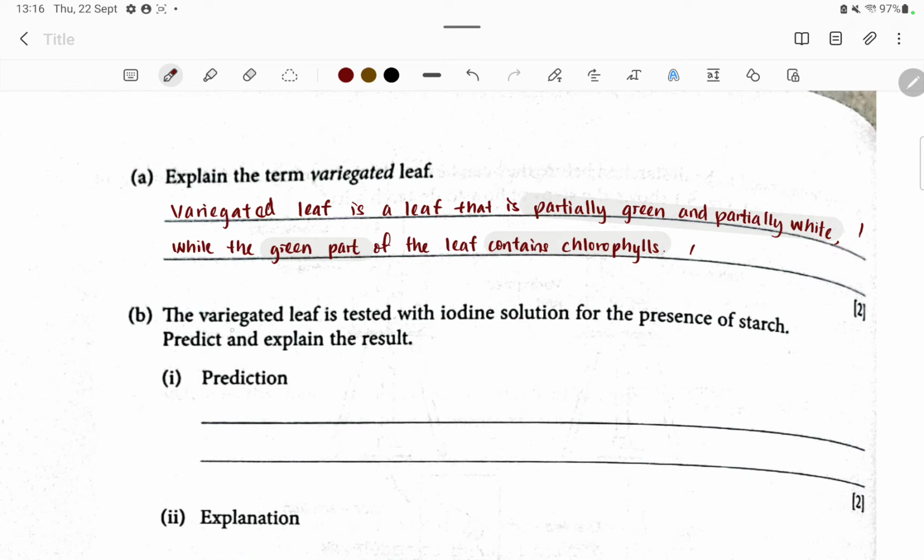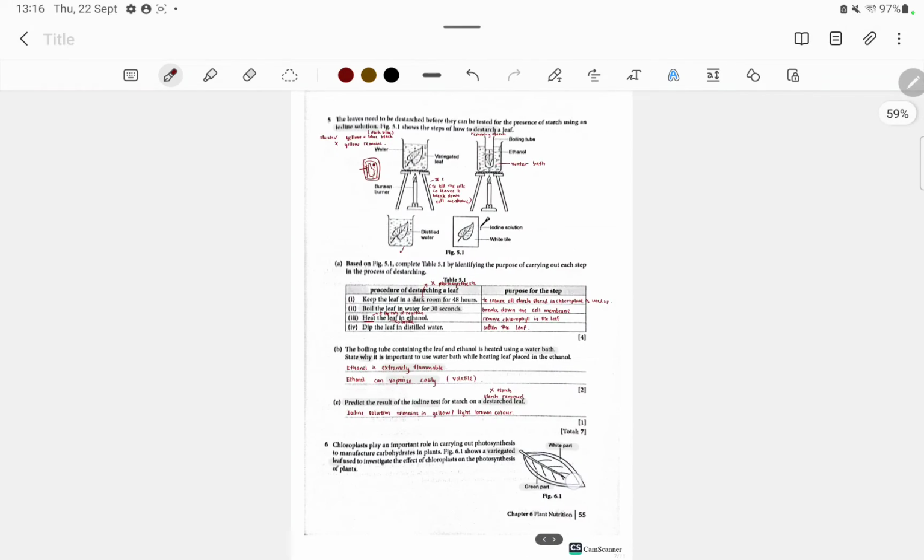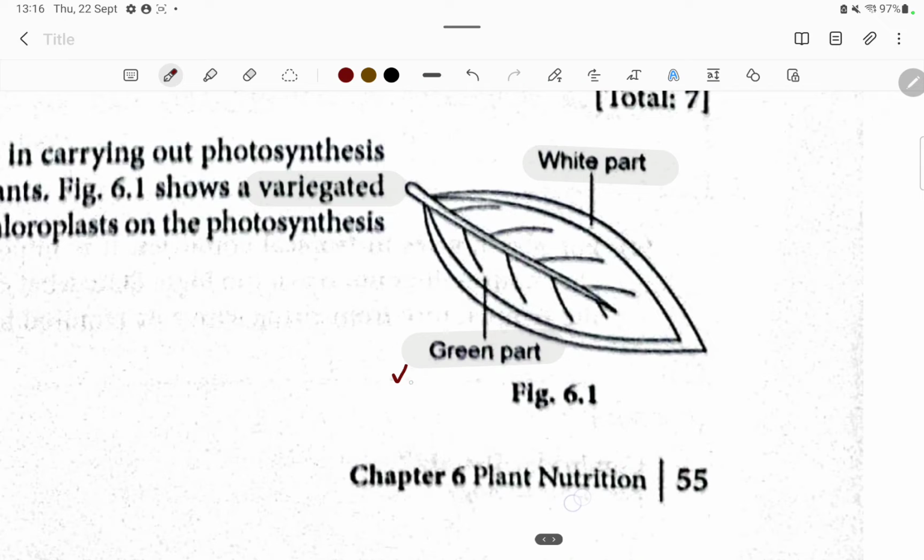Okay. B. The variegated leaf is tested with iodine solution for the presence of starch. So you have to predict and then explain the result. So what will happen? Let's predict first. Green part means chlorophyll is present, means there is chloroplast, means photosynthesis occurred.